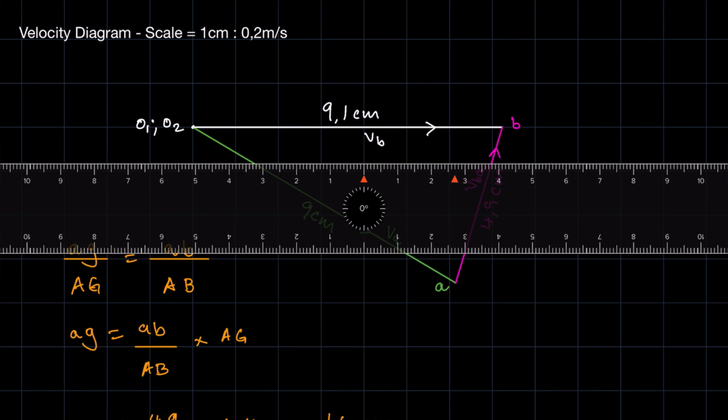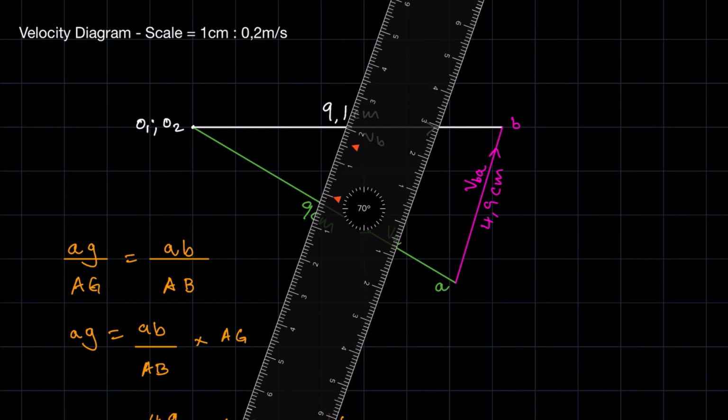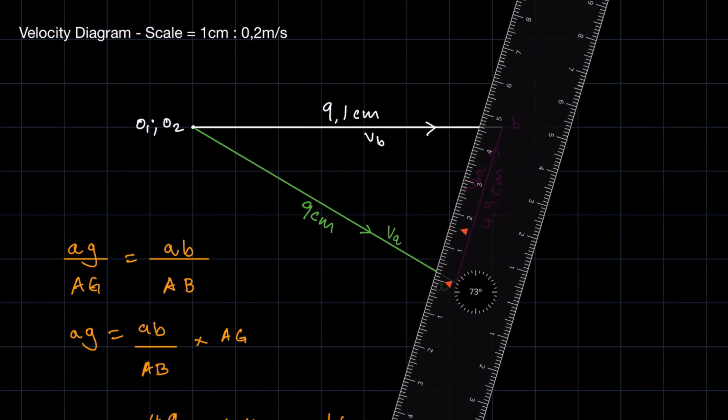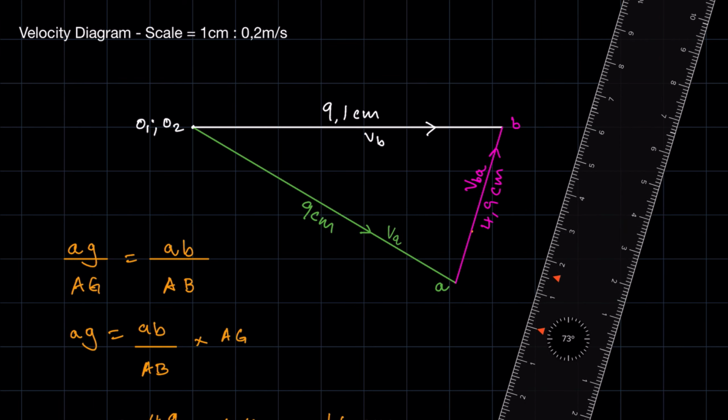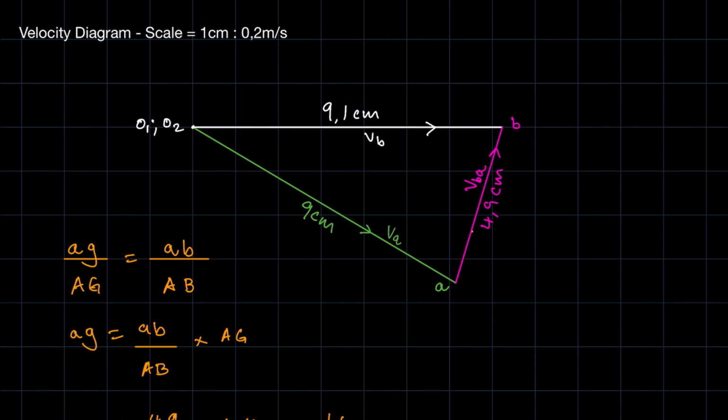and you measure 1,6 on your ruler. 1,6 is at that point, so you have a point that represents point G on the velocity diagram.